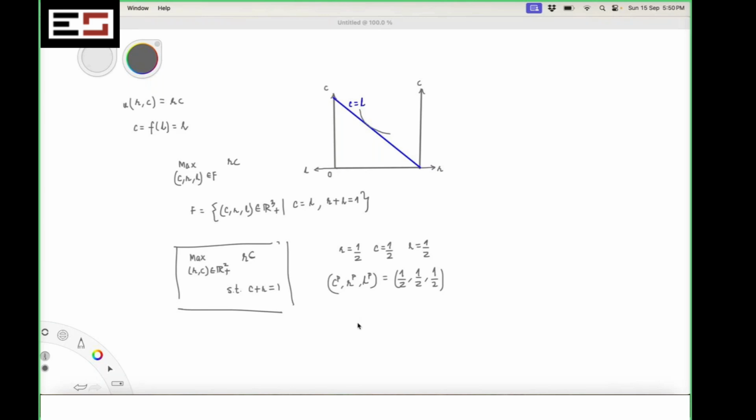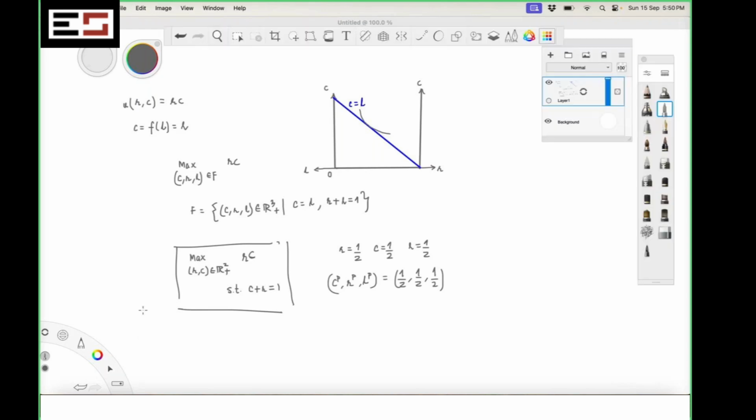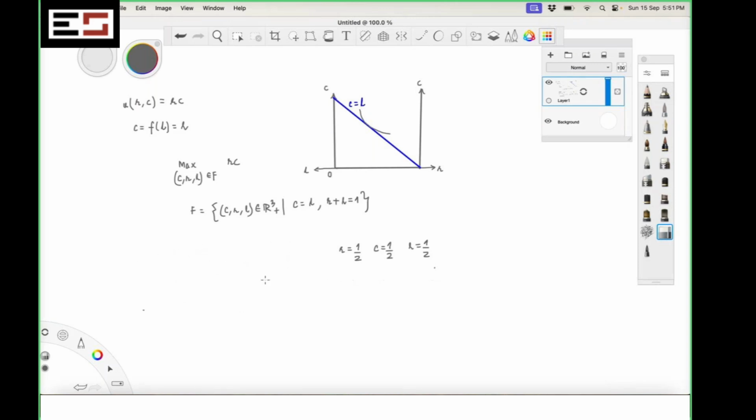Okay, now let's find competitive equilibrium. So how will you find competitive equilibrium? While you are finding competitive equilibrium, this is how you're going to approach the problem. You're going to first solve the profit maximization problem of the firm.